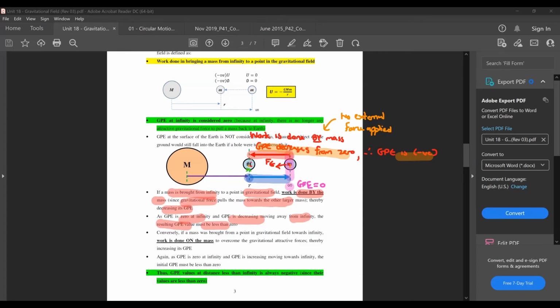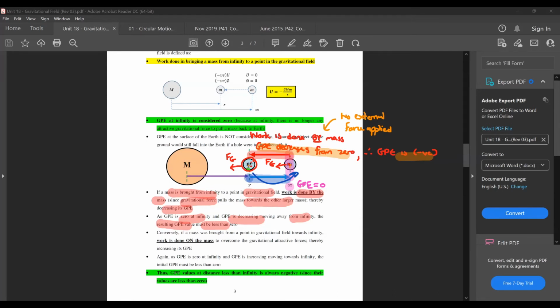If you're talking about this point, you definitely already have an existing gravitational force here, pulling the small test mass towards the big mass. If you wanted to bring this mass all the way to infinity, there's already an existing gravitational force trying to pull it in the opposite direction.